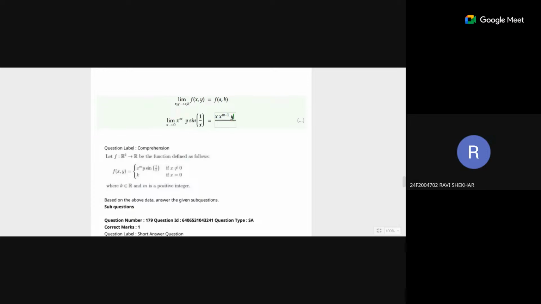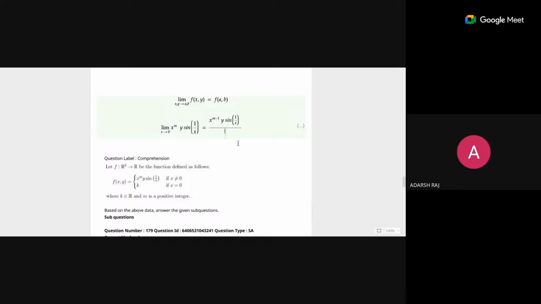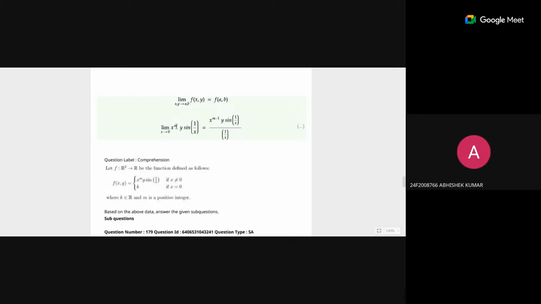We can take that x in the denominator as 1 by x. And so I can write this as sine of 1 by x upon 1 by x.